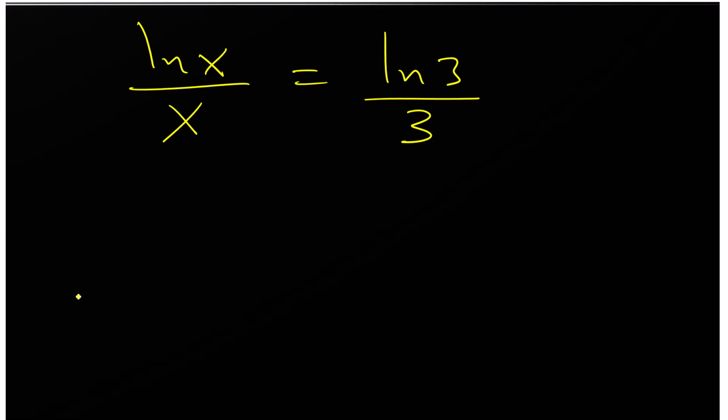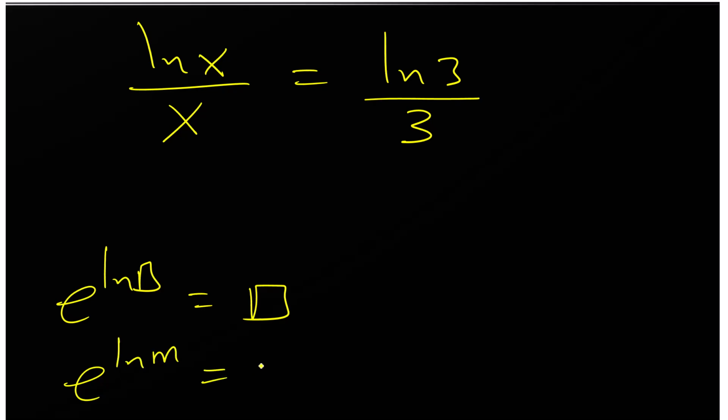Now when we have e raised to ln of m, the answer is m. Why are we doing this? We want to apply the Lambert W function. When we have W function of p times e to the power p, the answer is p.